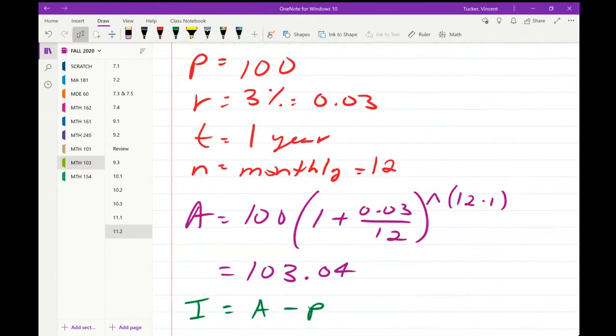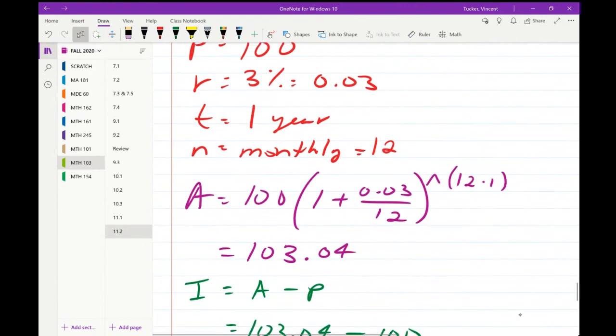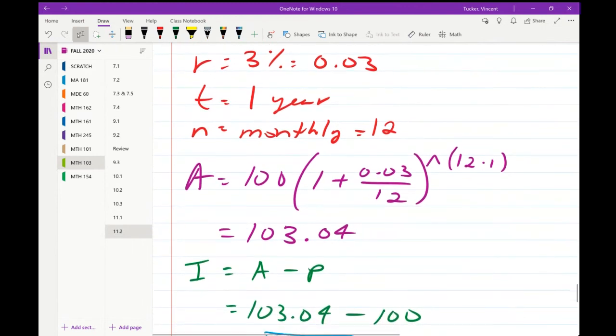Plug that in. 100 times 1 plus 0.03 divided by 12, raised to the 12 times 1. That's 103.04, or $103.04.